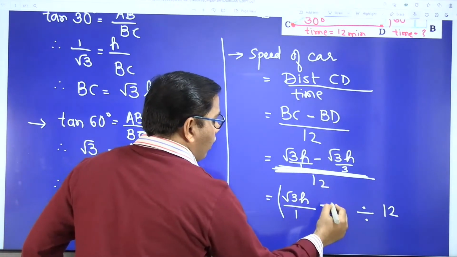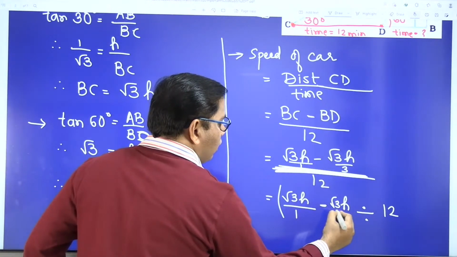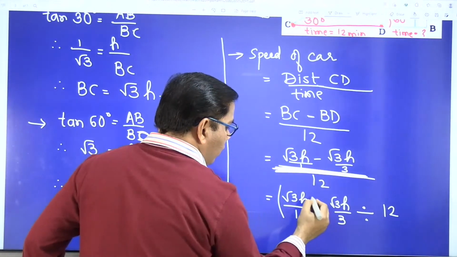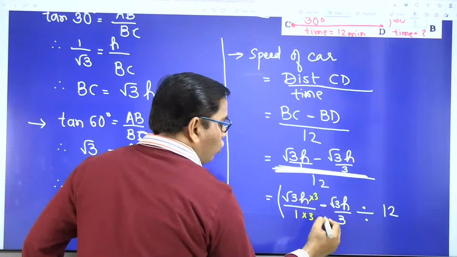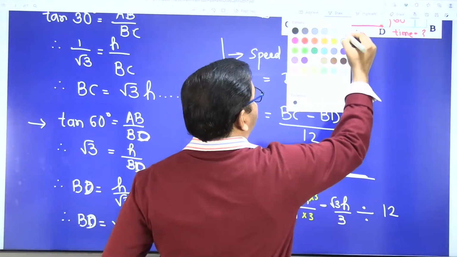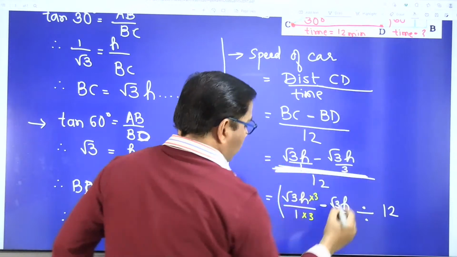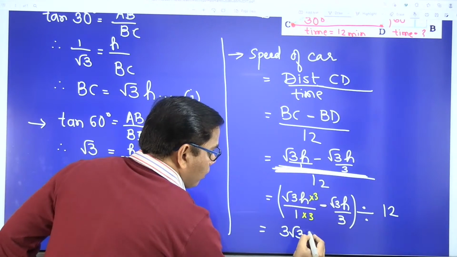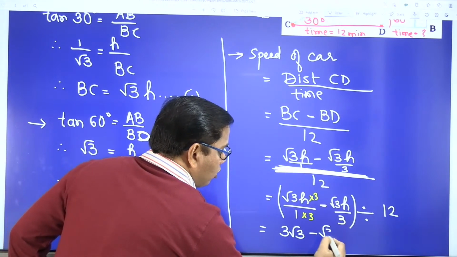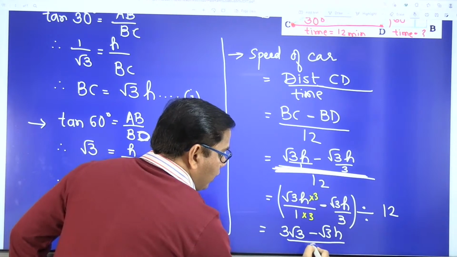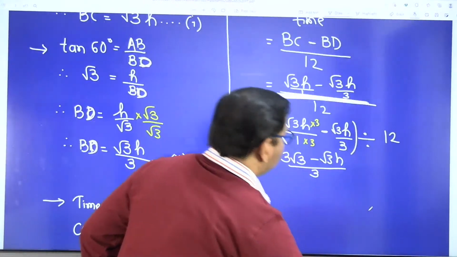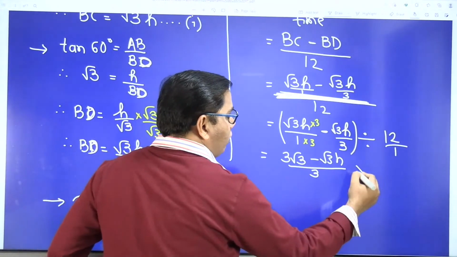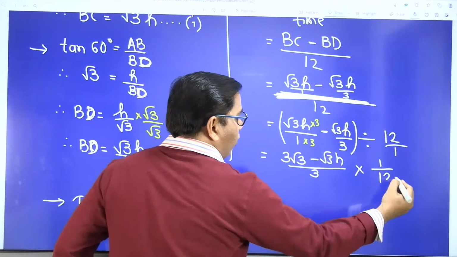And BD I have already got, that is root 3h upon 3. If I equalize the denominator, how do I do that? By multiplying 3 and 3 in the numerator as well as the denominator. What do I get now? I have 3 root 3h minus root 3h, upon 3. Divide by 12, no denominator, so I am taking this as 1. When it becomes multiply, this will be 1 upon 12.